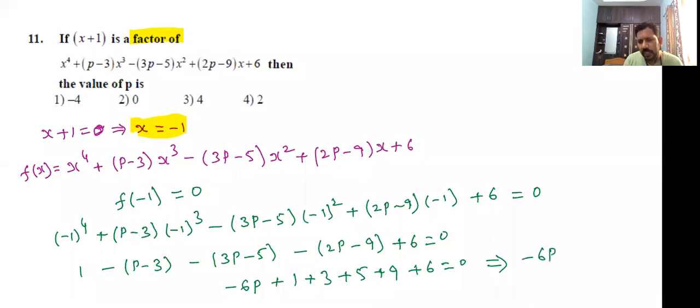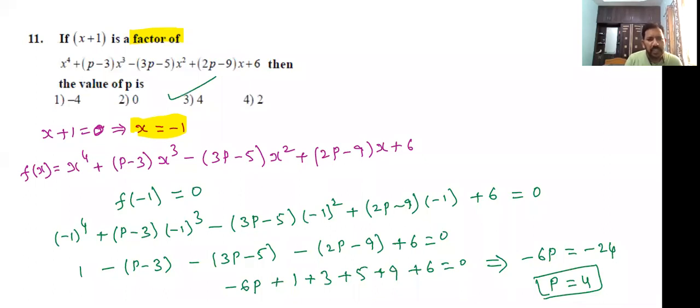Minus 6p is equal to minus 24. Then what is p? p is equal to 4. 6 fours are 24. Third option is correct.